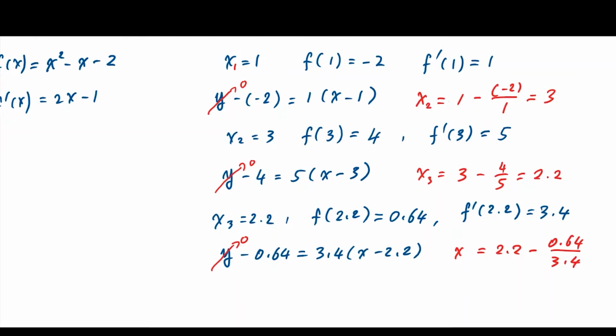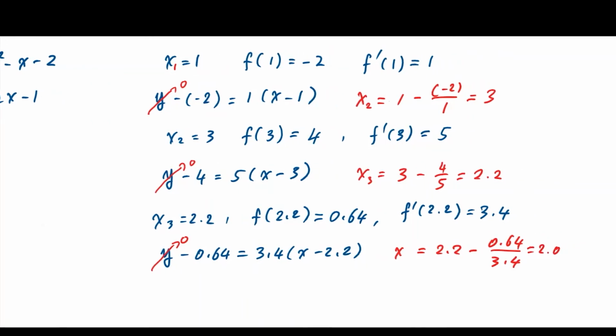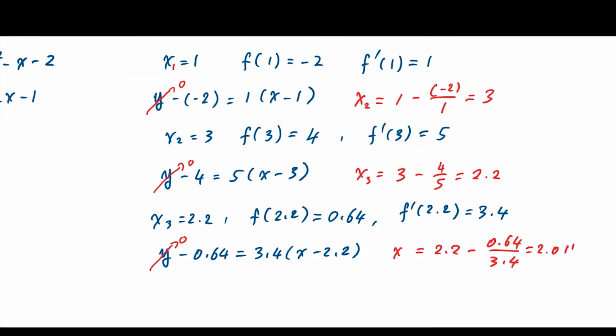And somebody punch the calculator and tell me what that number is. 2.011765. And then we have to change this to squiggly equal to, remember that?